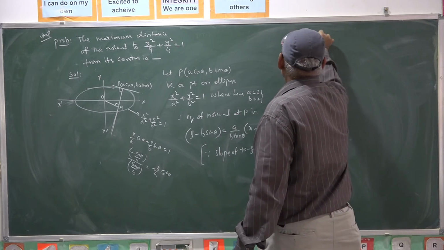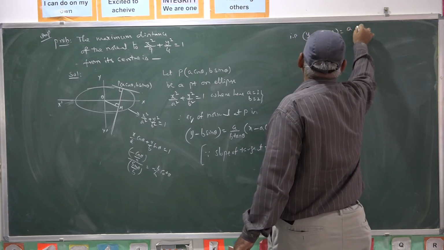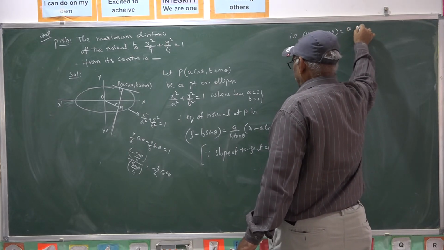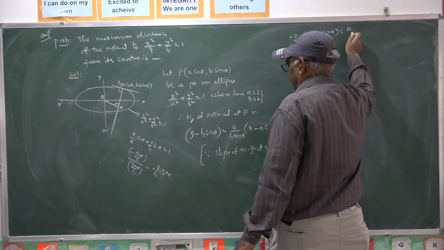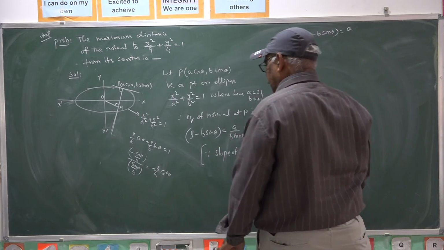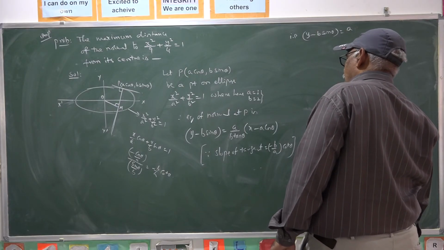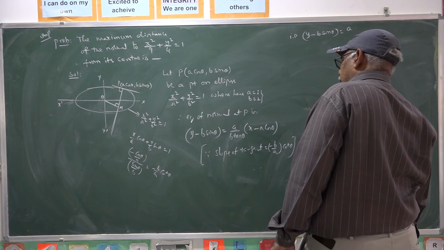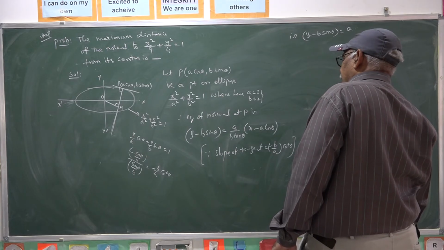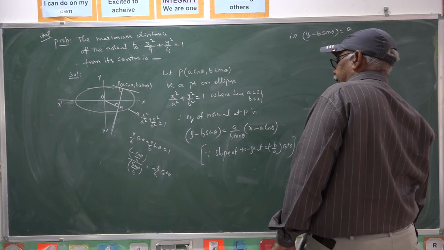That is y minus b sin theta equal to a by b tan theta into x minus a cos theta.